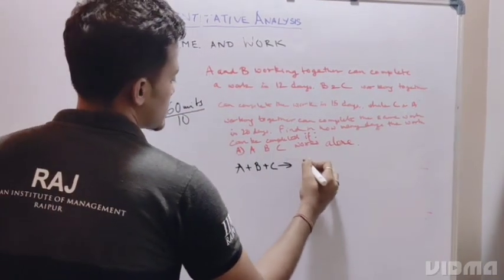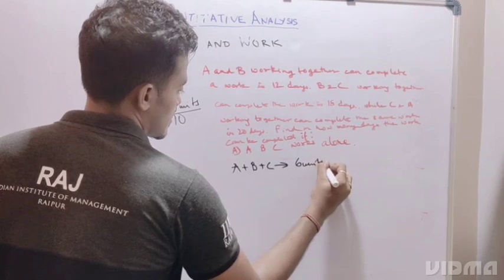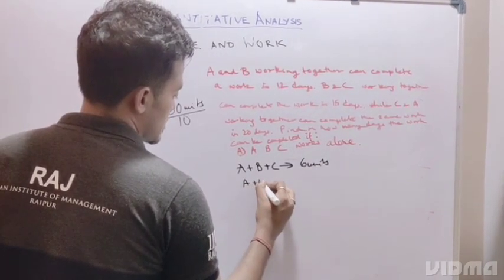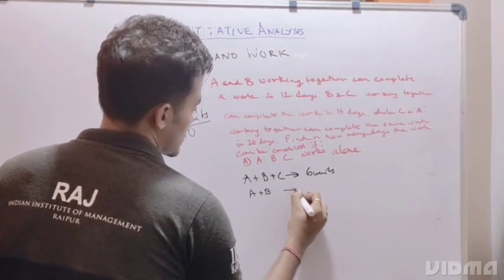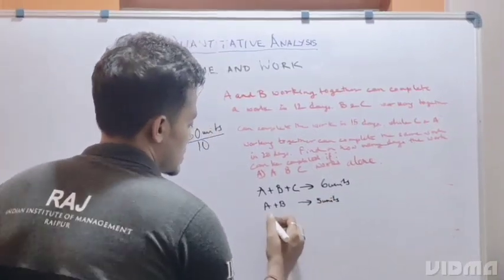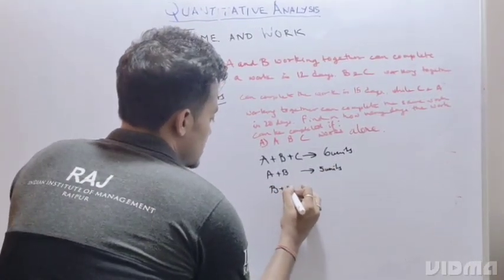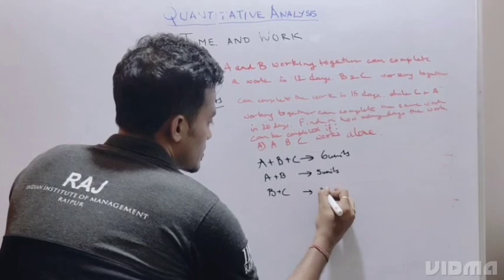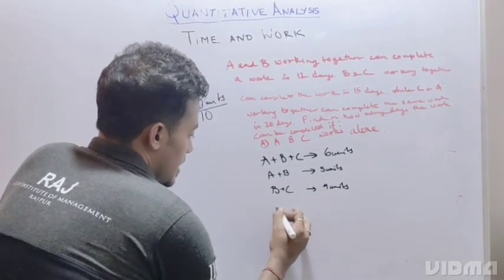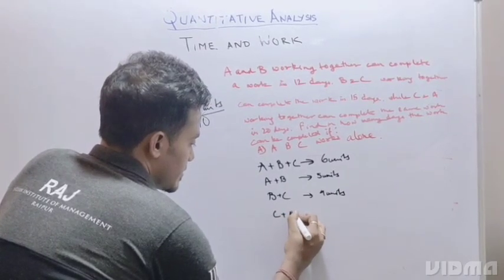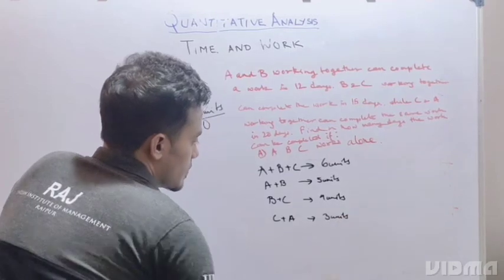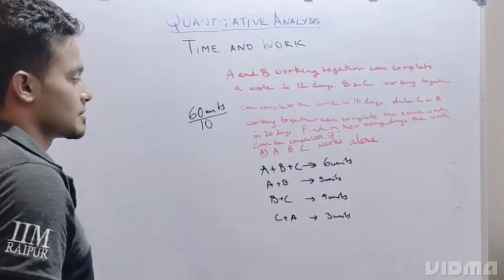So each day they are doing 6 units of work, right? Then comes A plus B. A plus B was doing 5 units of work each day. B plus C was doing 4 units of work each day, and C plus A was doing 3 units of work each day.